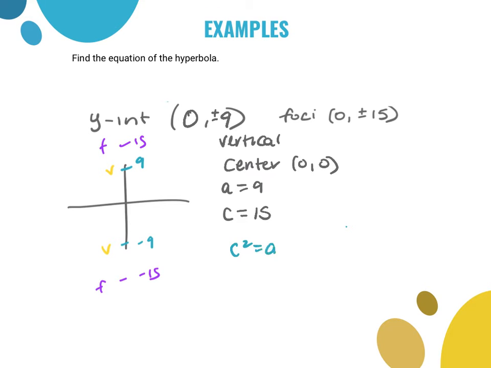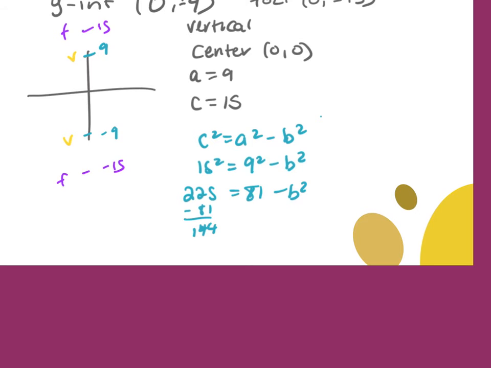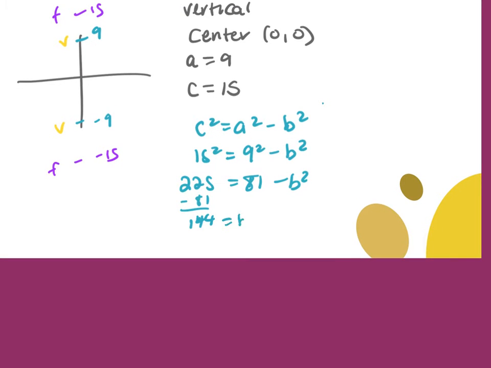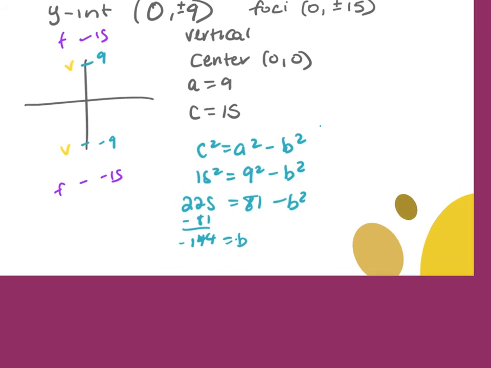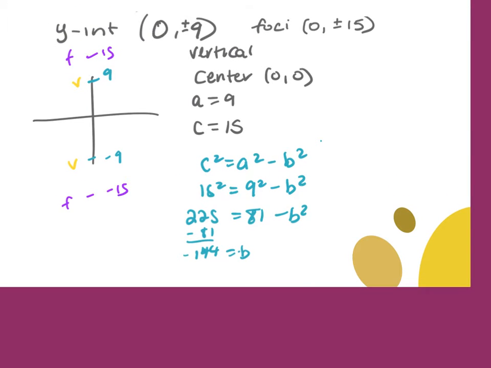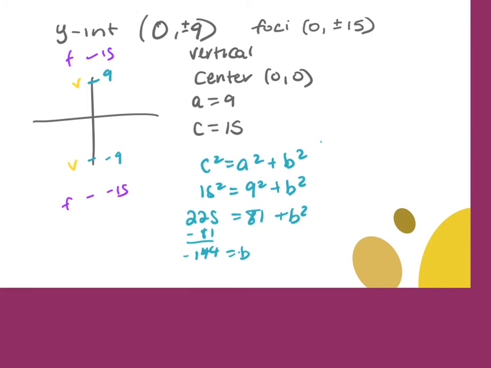C squared equals A squared minus B squared. 15 squared equals 9 squared minus B squared, 225, 81, 144, negative B squared, plus, this is plus, B is the other one.